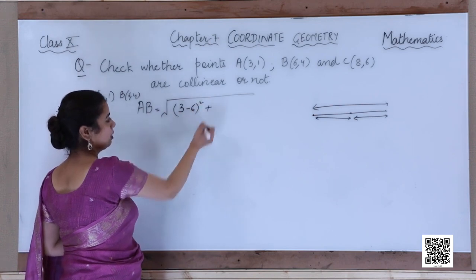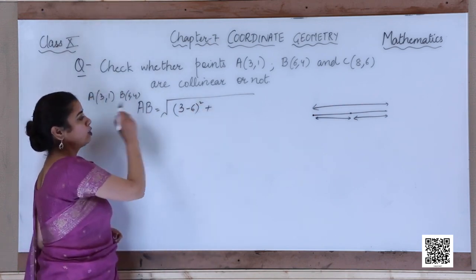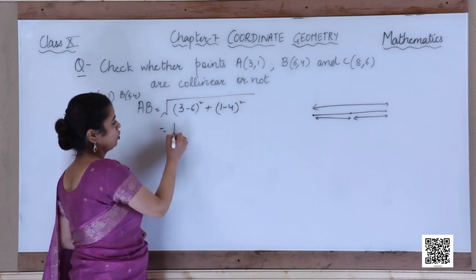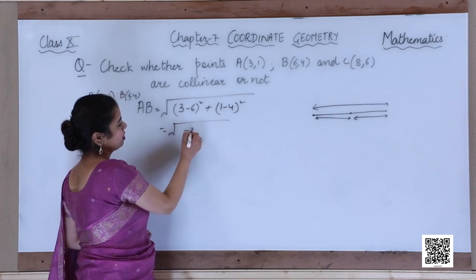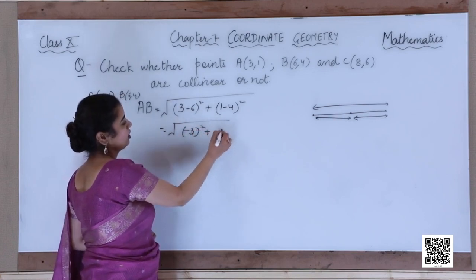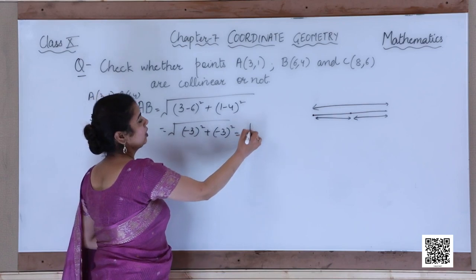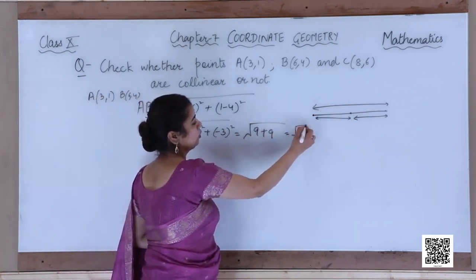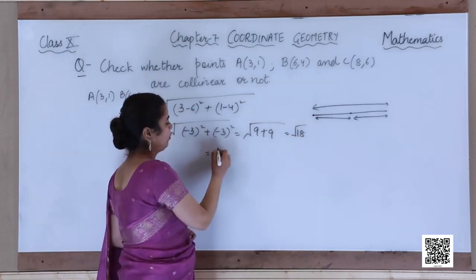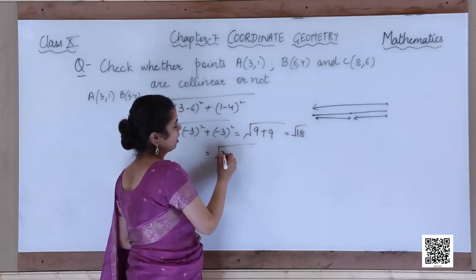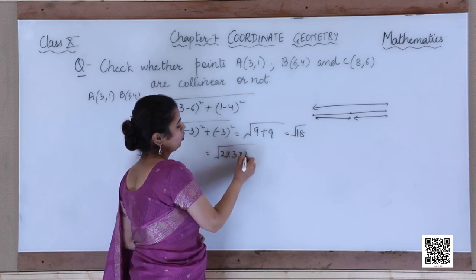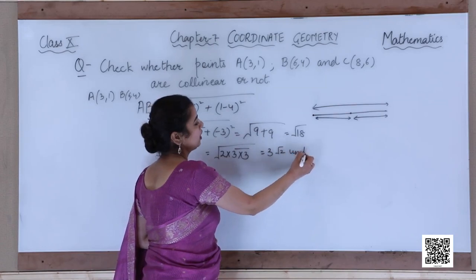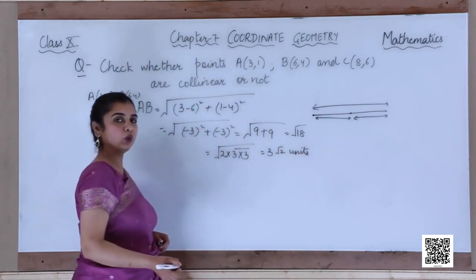Square the difference plus now the difference between the y coordinates. Now let us solve it. (3 minus 6), minus 3 square, plus minus 3 square. This gives us 9 plus 9, under root 18. Now if you factorize 18, you get it is equal to 2 into 3 into 3. So this is 3 root 2 units. So we get AB is equal to 3 root 2 units.